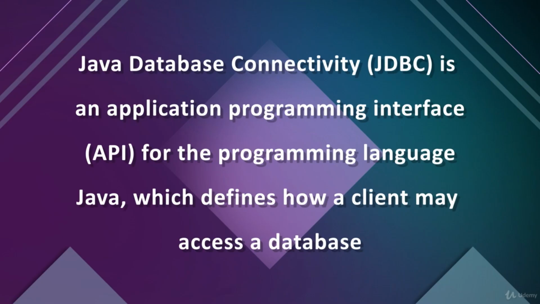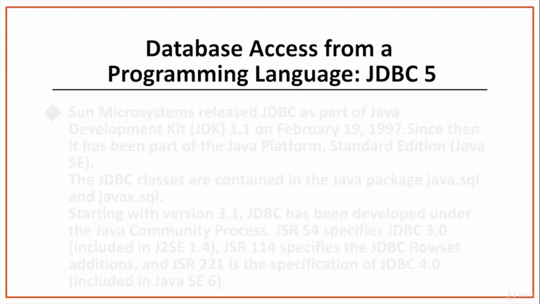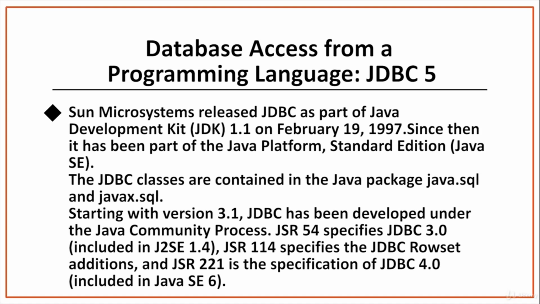A JDBC to ODBC bridge enables connections to any ODBC accessible data source in the Java Virtual Machine, or JVM, host environment. Sun Microsystems released JDBC as part of the Java Development Kit, or JDK 1.1, on February 19, 1997.